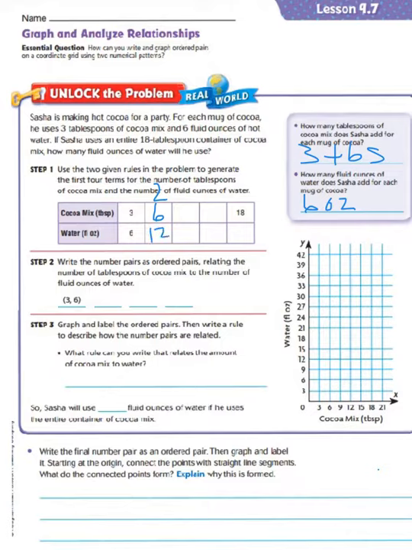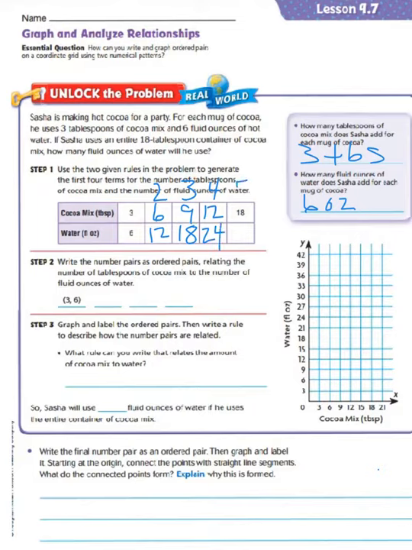For 3 mugs of cocoa, we would need 3 times 3 would be 9 tablespoons of cocoa mix, and 6 times 3 would be 18 ounces of water. For 4 mugs of cocoa, we would need 3 times 4 would be 12 tablespoons of cocoa mix, and 6 times 4 would be 24 ounces of water.